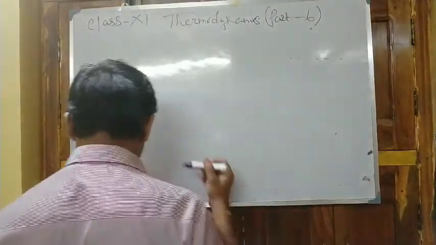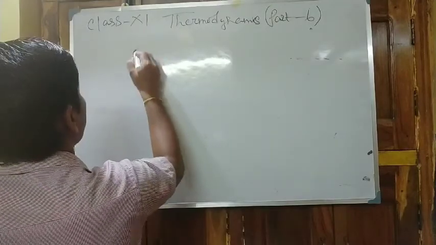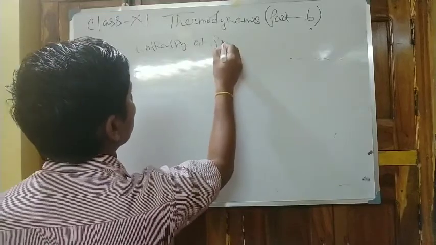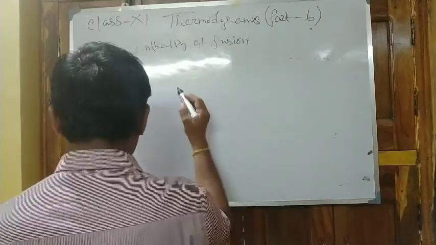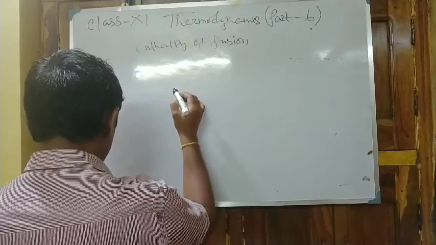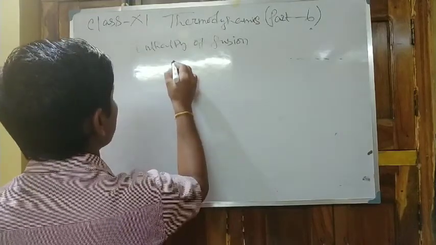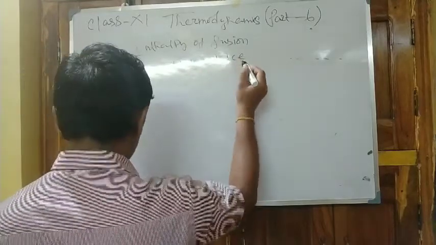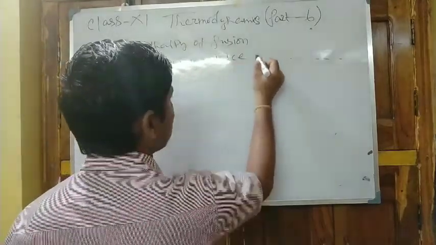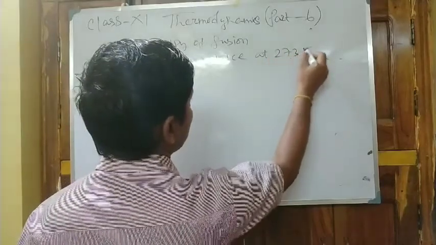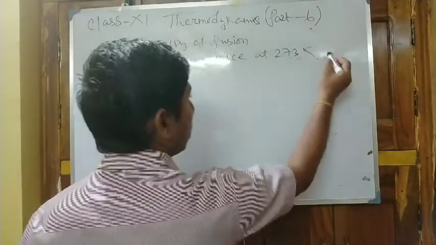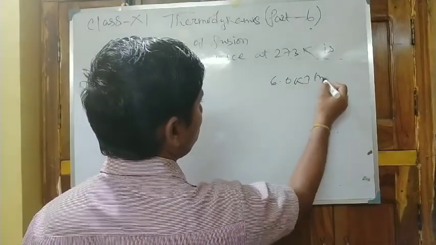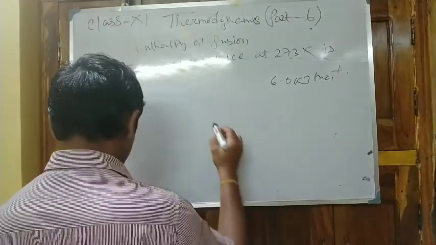For example, the enthalpy of fusion of ice at 273 K is 6.0 kilojoule per mole.